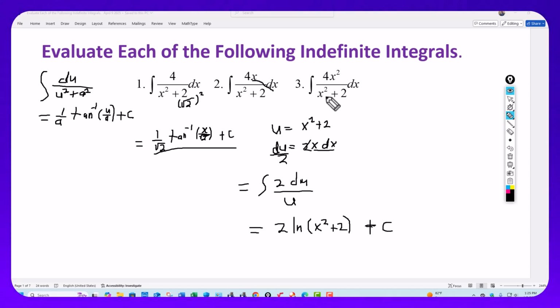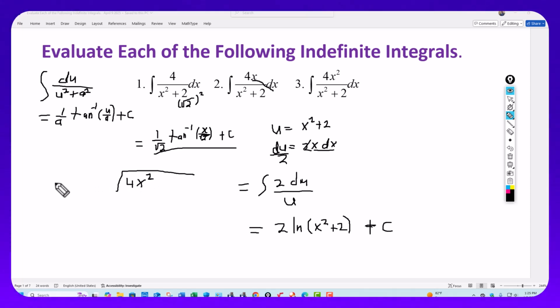The third one again has the denominator x squared plus 2, and the numerator has 4x squared. It's a rational expression, but I wouldn't even consider partial fractions here. A couple of ways we could break this down. Let's just do it this way. Since the degree of the numerator is larger, let's divide.